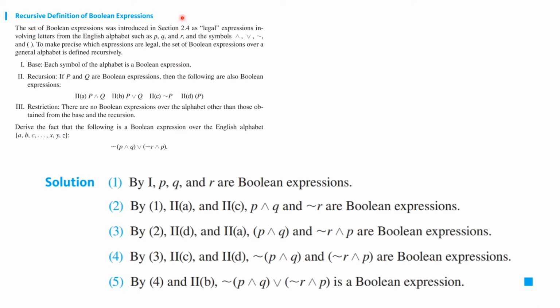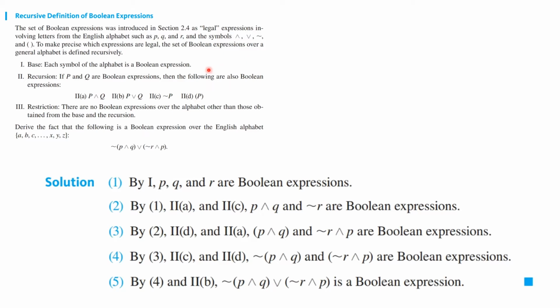Let's give an example of this, and then we'll talk about a recursive definition of a Boolean expression. Now, we talked about this much earlier when we were talking about logic, but the set of Boolean expressions that are legal involve letters from the English alphabet, P, Q, R, and all of the others, and the symbols conjunction, disjunction, negation, and parentheses. To make precise which expressions are legal, the set of Boolean expressions over a general alphabet is defined recursively.